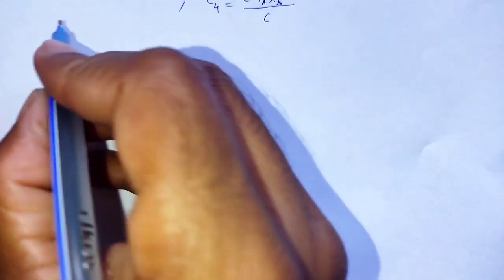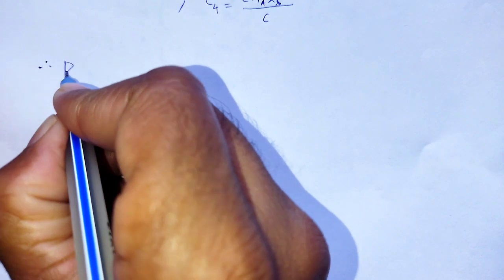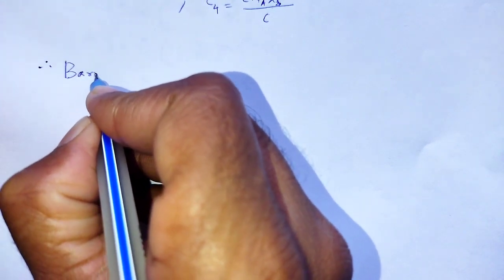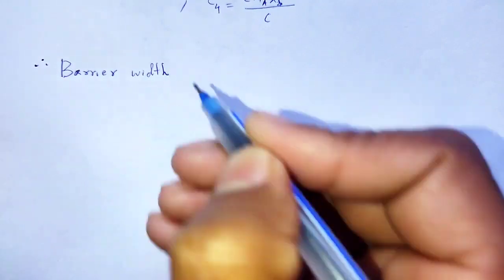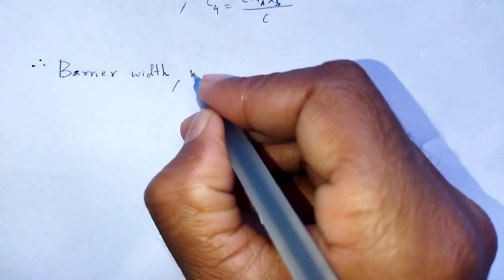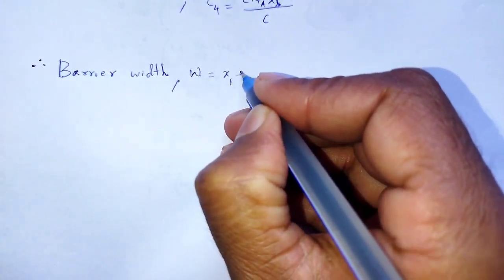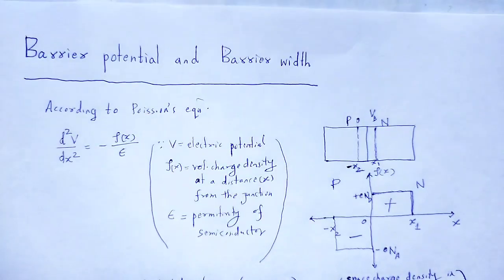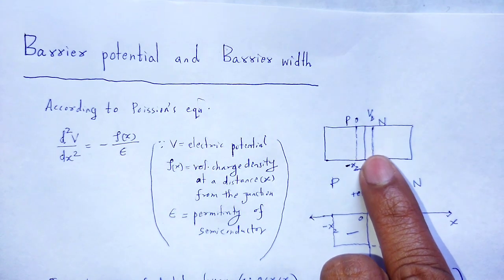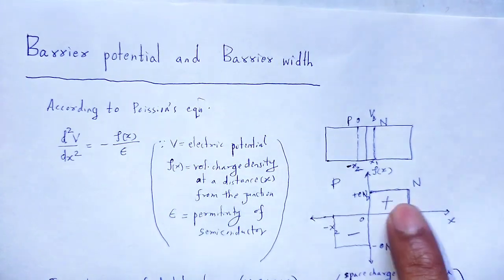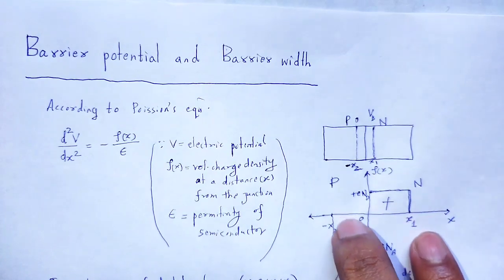Therefore barrier width W is equal to x1 plus x2. From the figure, look here, that is the barrier width, here x1, here x2. So, x1 plus x2 is the barrier width.